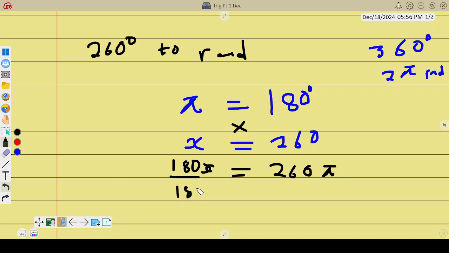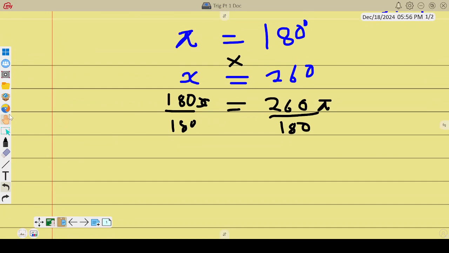So you divide by 180. Even there, you divide by 180. From there, what do you get? Continuing, x is equal to, so 0 and 0 can cancel. We'll remain with 26 over 18 pi.